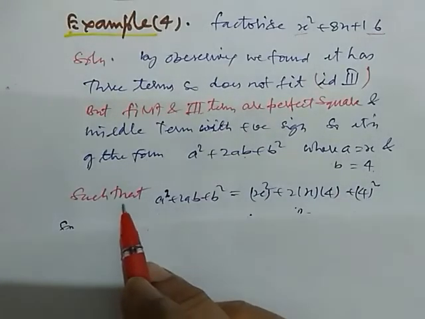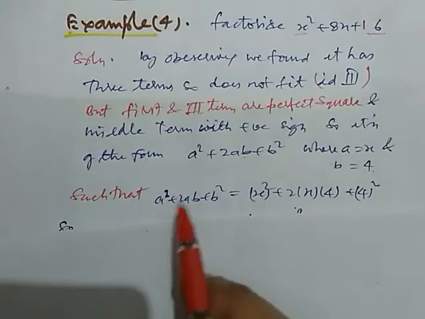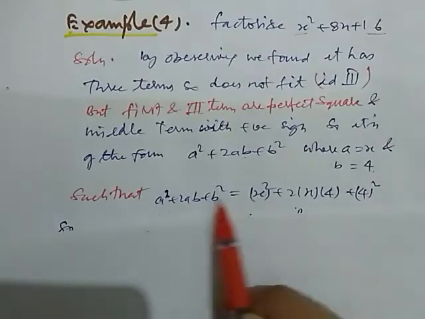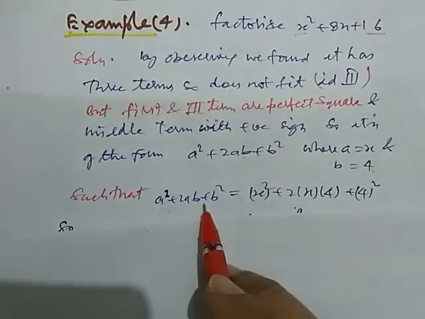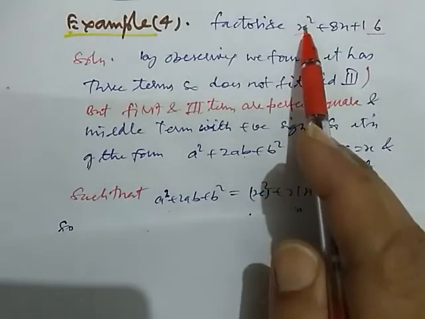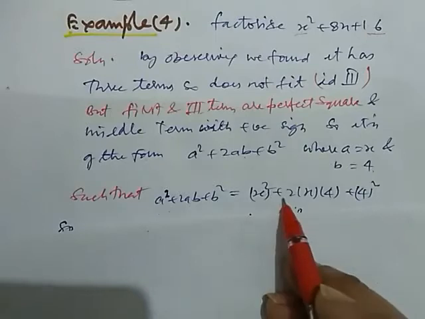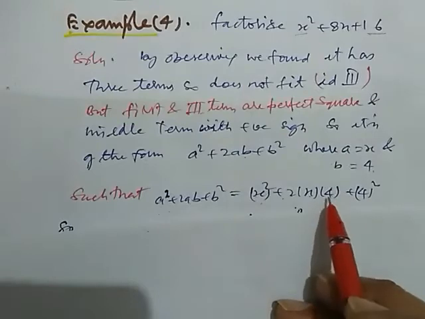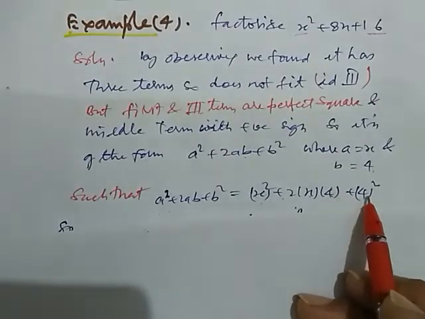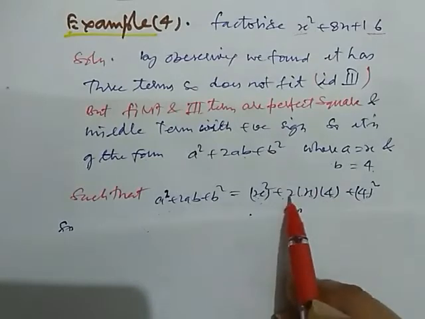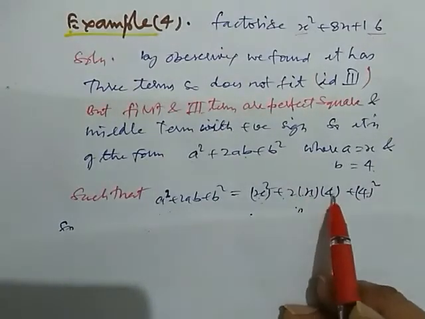So they are such that a square plus twice ab plus b square. When we convert this into this form, we convert it like this. First we make the whole square of x, plus 2 into this x and 4 by putting 4 here, because here is 4 square. So this is b and this is a, and here is ab. So this becomes 2x into 4.